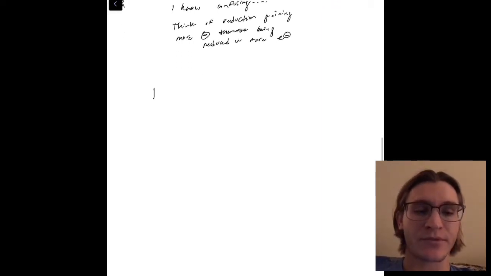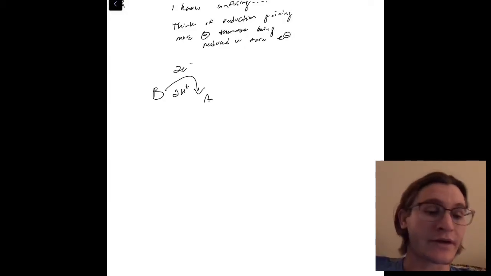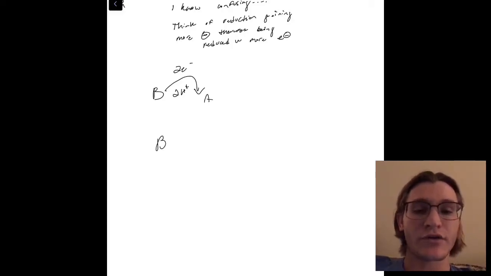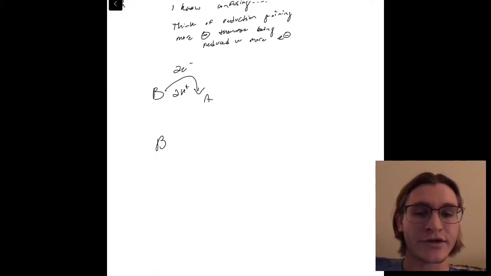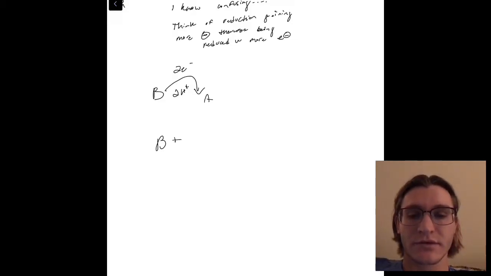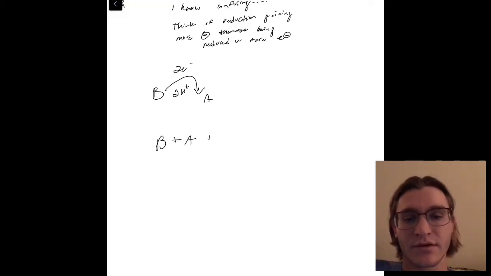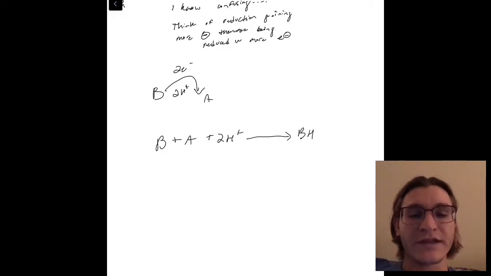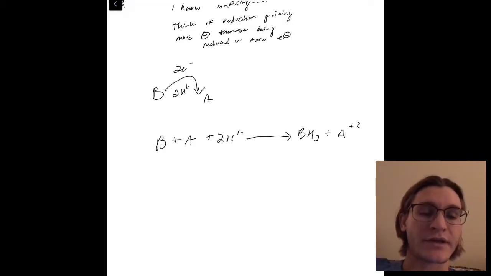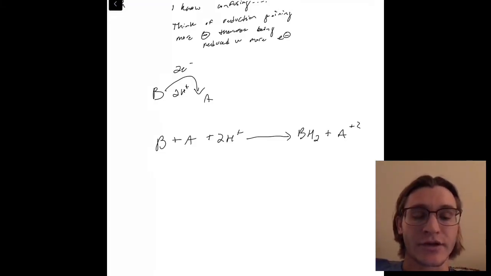Let's look at a little example. It's not going to be any real molecules. If B were to pass 2 electrons and 2 hydrogens to molecule A: B plus A plus 2 hydrogens. B's giving, so B is gaining the hydrogens, and A is going to gain the electrons.